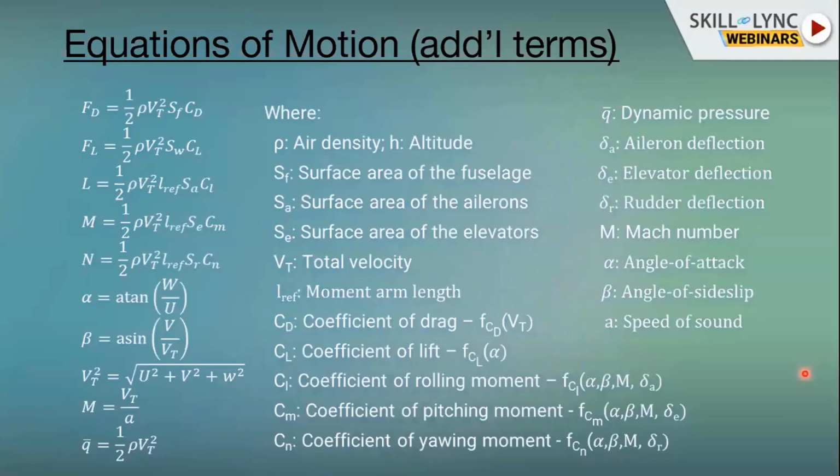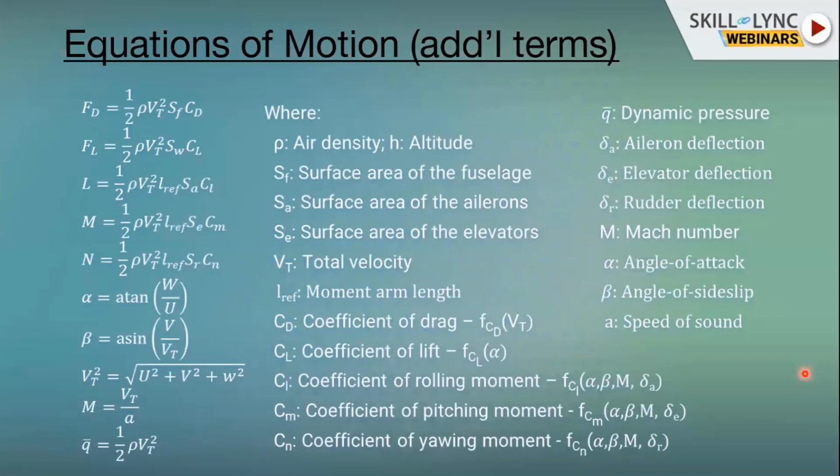What people mean by Mach number is essentially that it gives you a feel for the speed of the aircraft. It's a non-dimensional number. The way it is shown here, it's derived from the total velocity of the aircraft divided by the speed of sound, which is another speed, at that altitude.